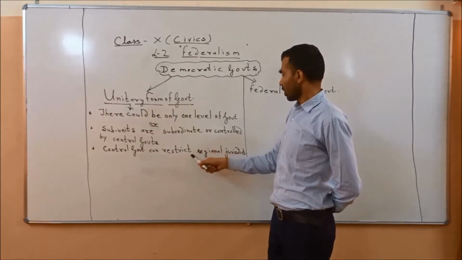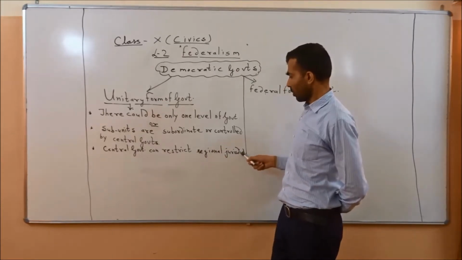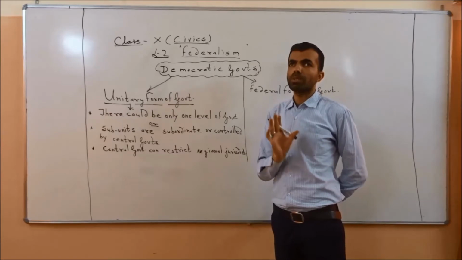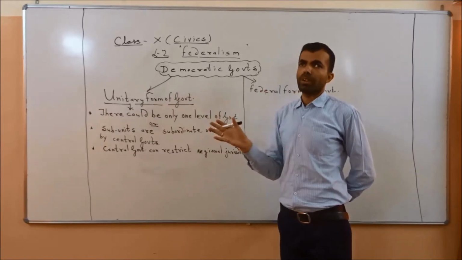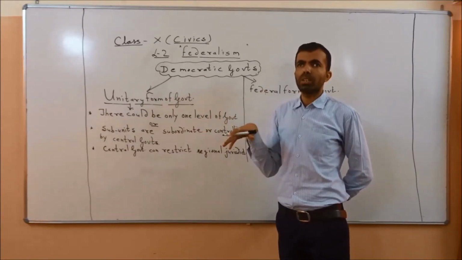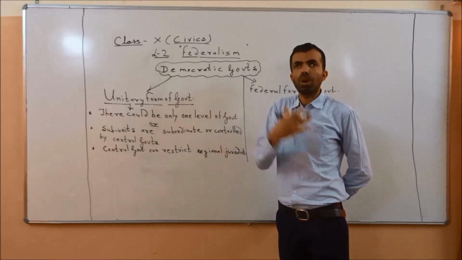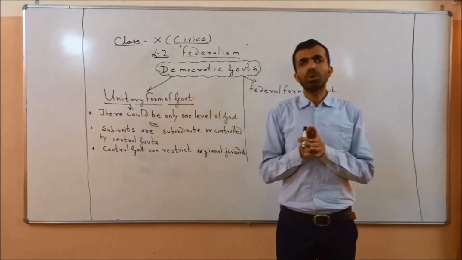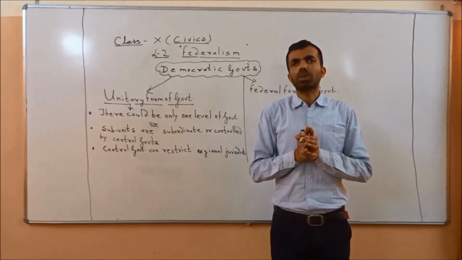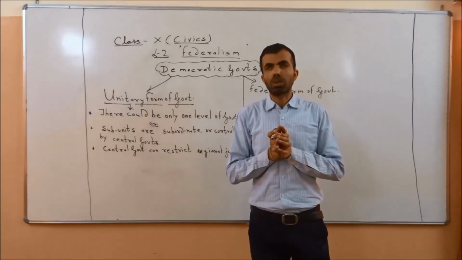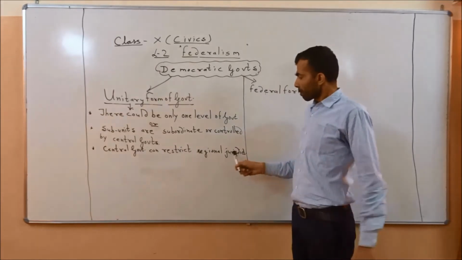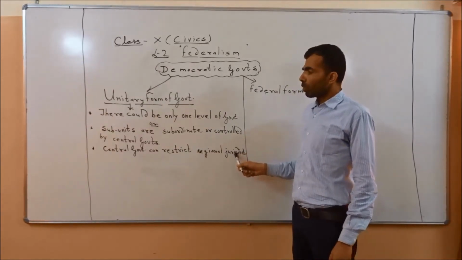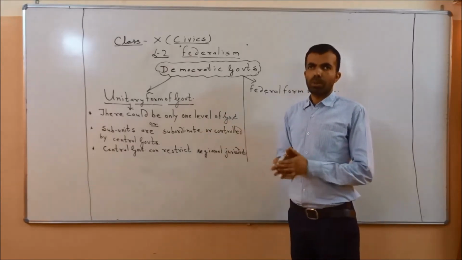That could be regarding jurisdiction. Jurisdiction simply refers to the working area: your working divisions, your powers, the topics and areas which you are going to deal with as a government. This jurisdiction would be restricted if there are subunits.